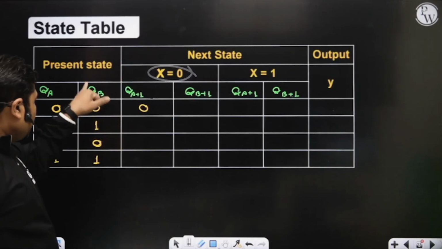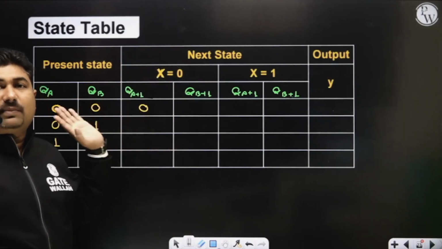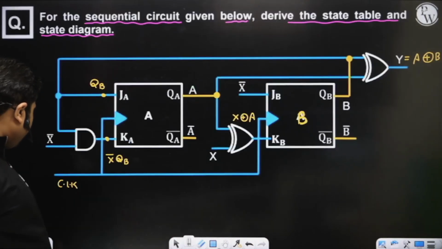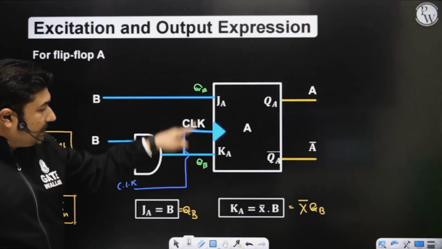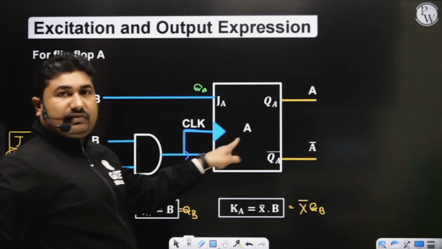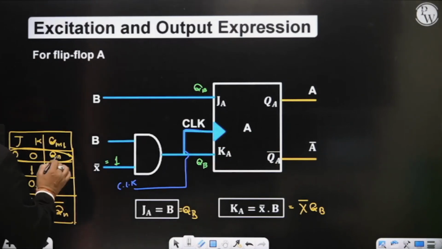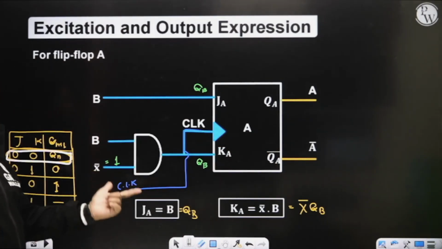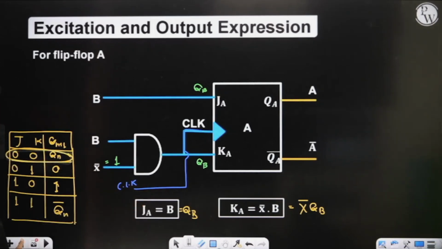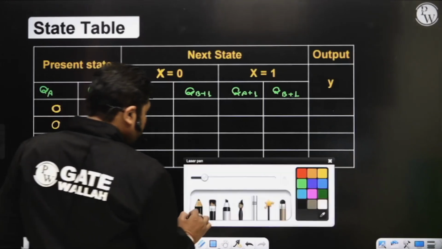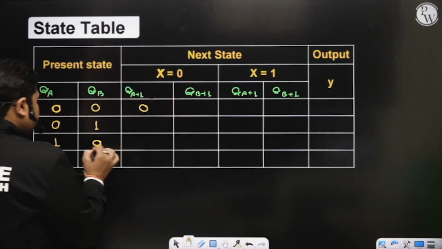Sir, if QB is 0, it means 0, 0 is applied over flip-flop A. With X equal to 0, it means 0, 0 is applied to flip-flop A. Now, when the clock pulse is applied, it will remain in the hold state. It means QA plus 1 will remain the same as before.